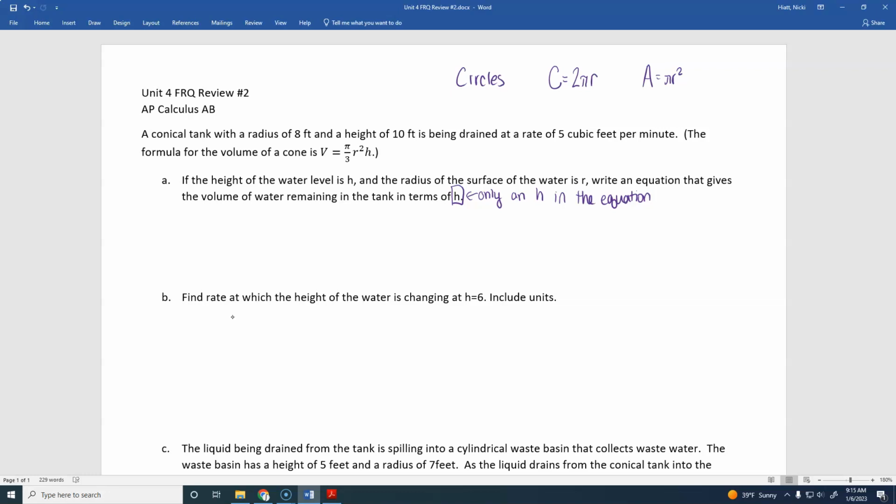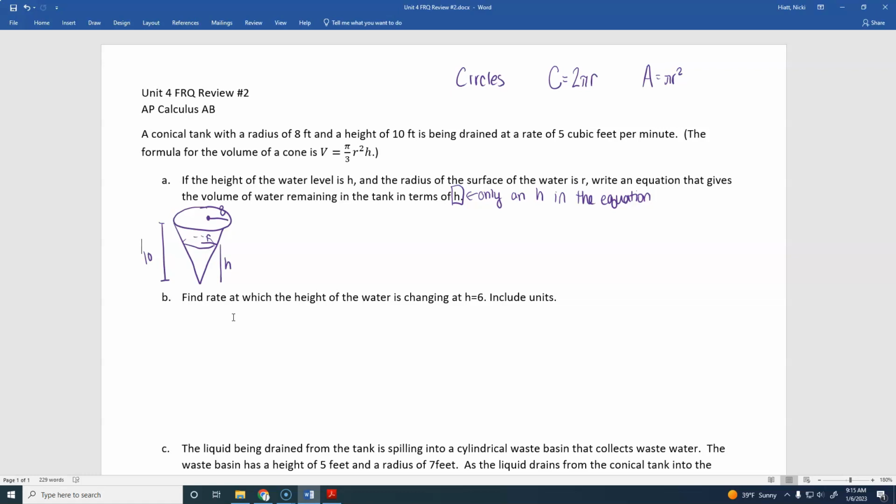So we've got our volume formula given to us, and in this particular case we know we've got a conical tank, and its radius is 8, its height is 10. So then our water level here would have a radius of r and a height of h.